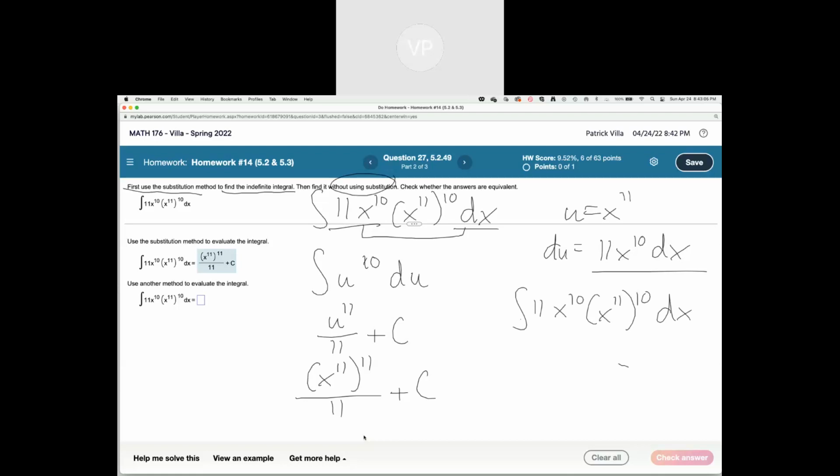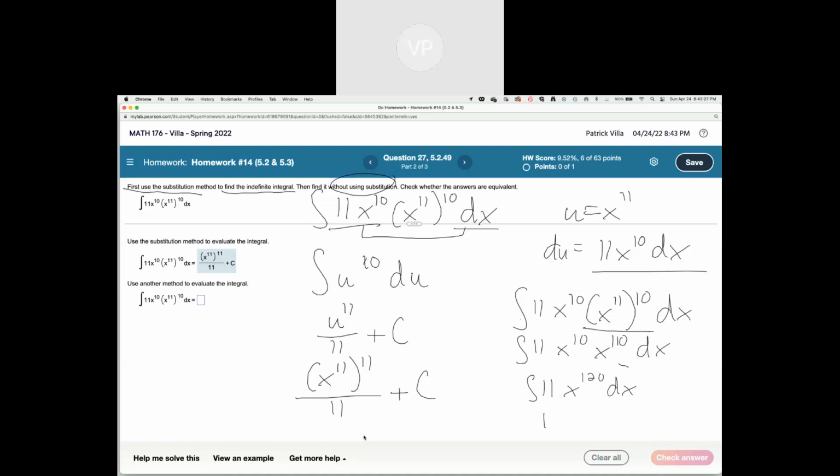Now, what you notice is, this is something not as bad. Remember, a power to a power says we multiply powers. That's just x to the 110. And then an x times an x, we add the powers. That becomes x to the 120.